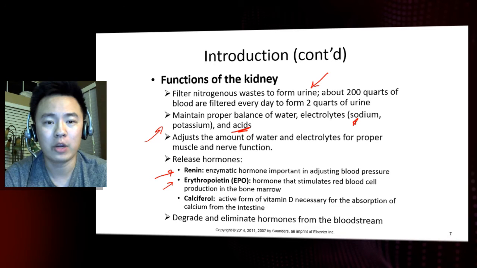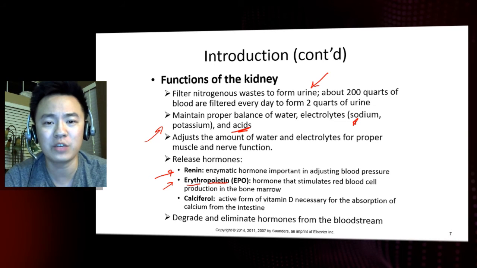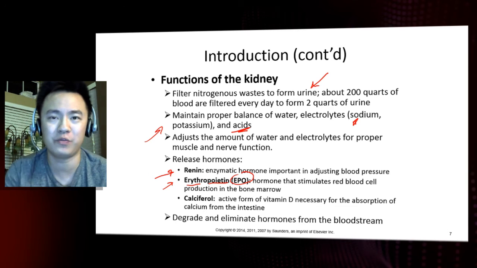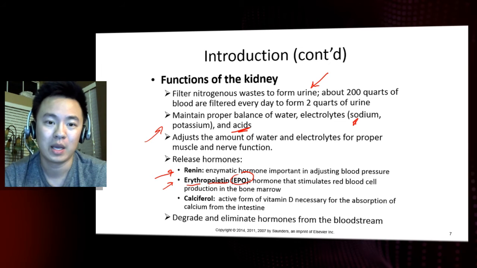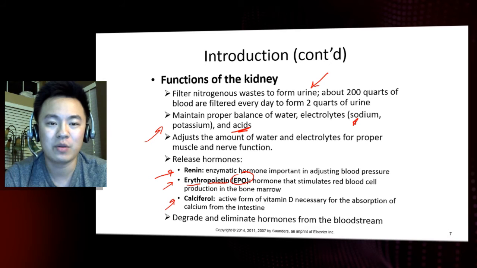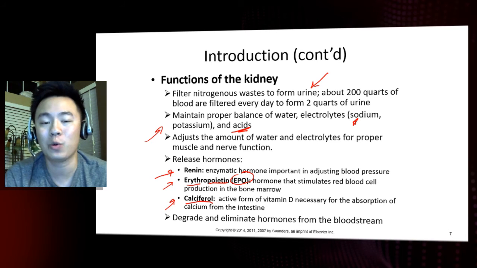Another kind of hormone here is erythropoietin. The medical abbreviation for this is EPO, not to be confused with EPA, it's EPO. And this is a hormone that stimulates red blood cell production in your bone marrow. And lastly, we have the hormone calciferol, which is the active form of vitamin D necessary for the absorption of calcium from the intestines.